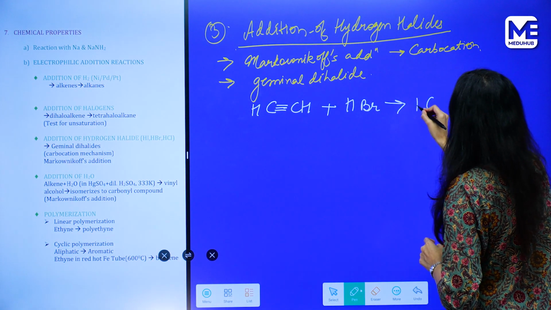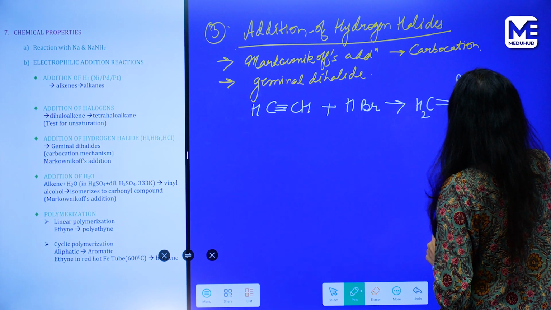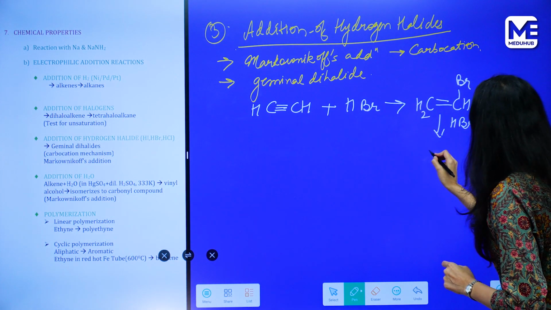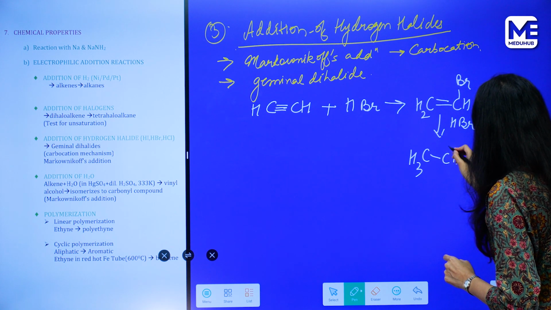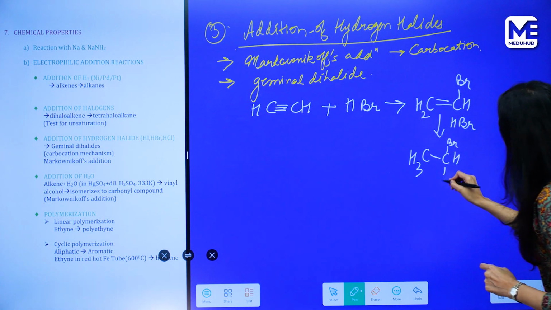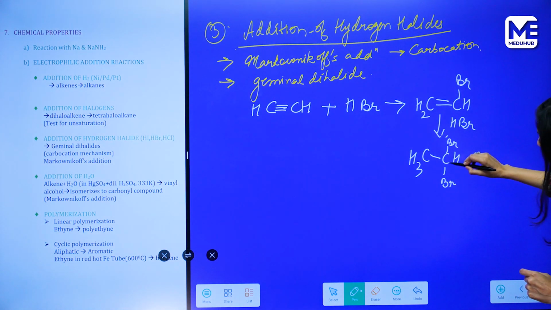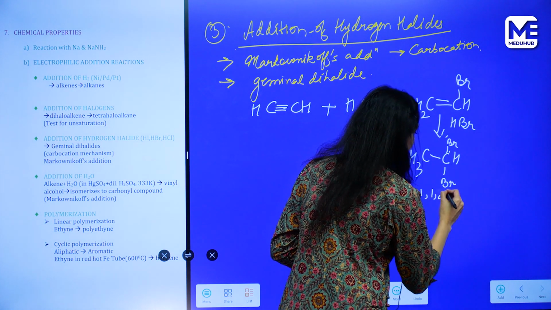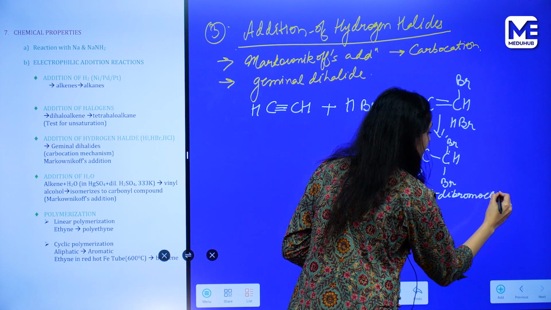First, it will give us this. And it will add on another molecule of HBr to give us the geminal dihalide. Br Br here. So bromine atoms are attached to this carbon. So it is a geminal dihalide, or we can call it 1,1 dibromoethane.